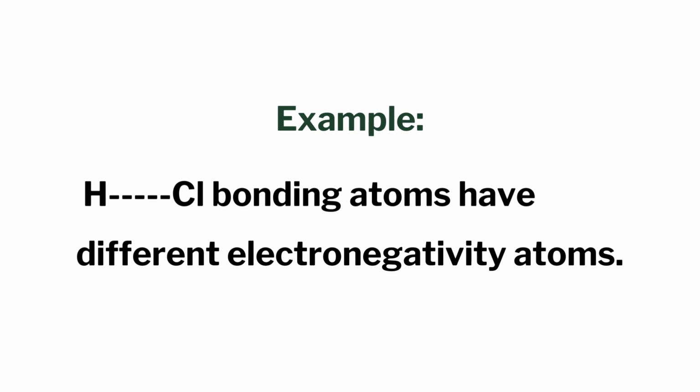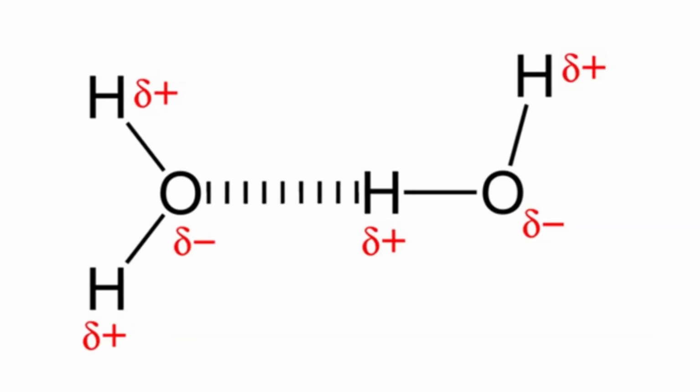So the dipole force will go towards the electronegative atom. The less electronegative atom will carry a partial positive charge, and the chlorine will carry the partial negative charge. So they always have different electronegative atoms.